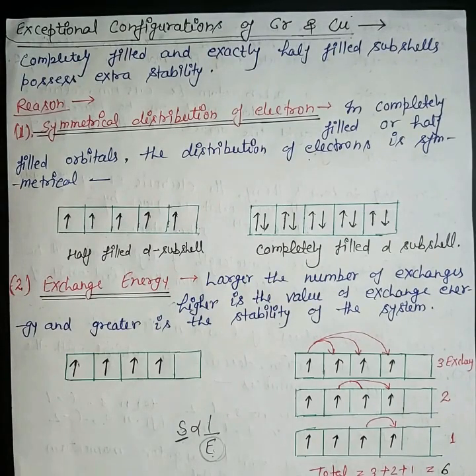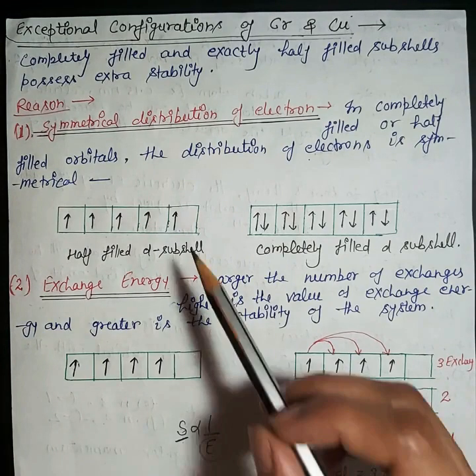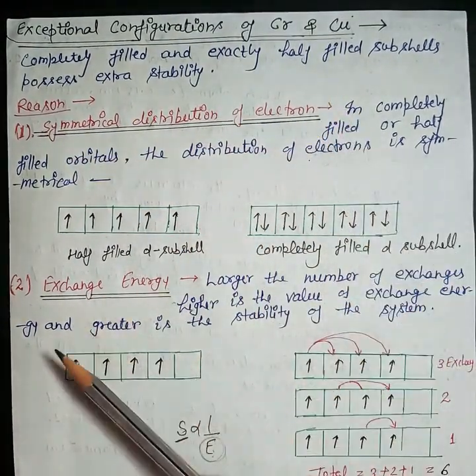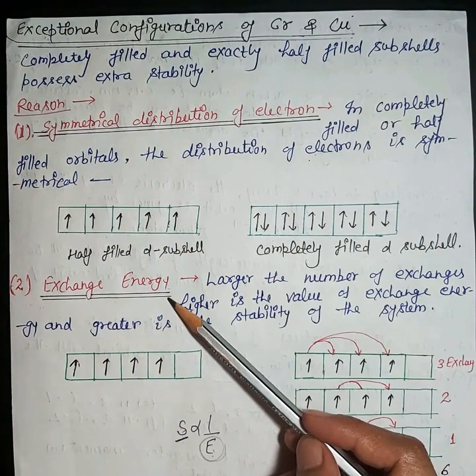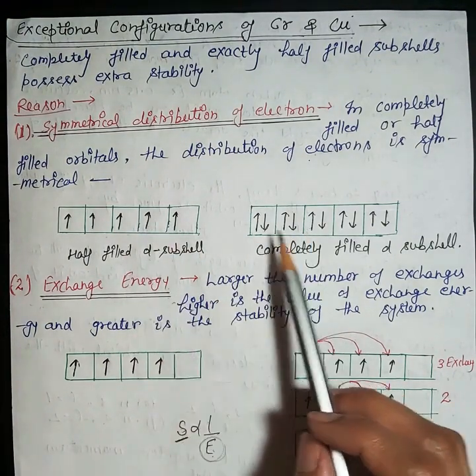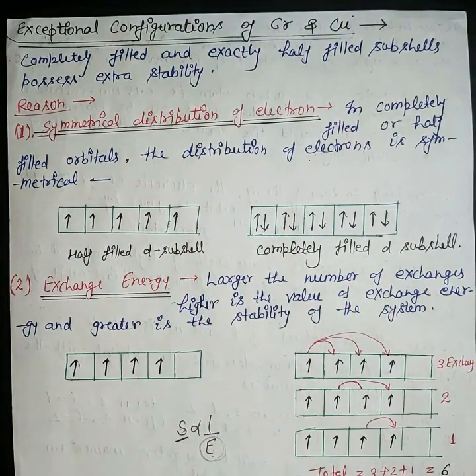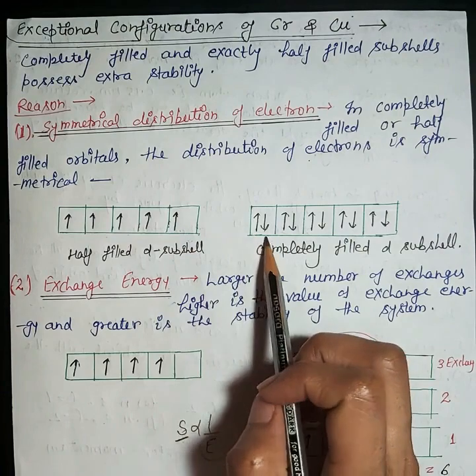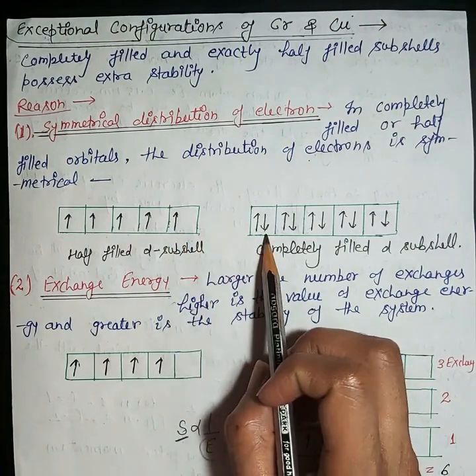The reasons behind the extra stability of completely filled and exactly half filled subshells are these. First is symmetrical distribution of electrons, and second is exchange energy. It is scientifically proven that if the electrons are symmetrically distributed, then they have more stability.